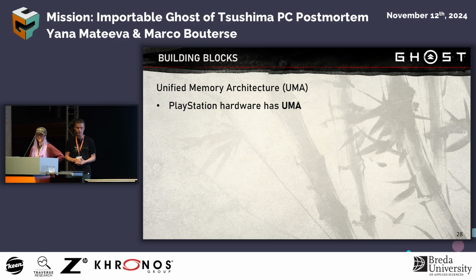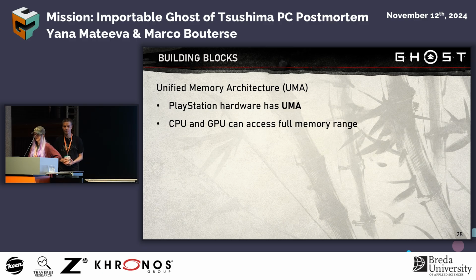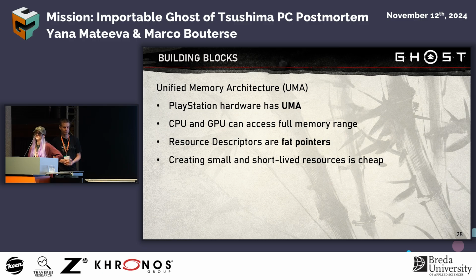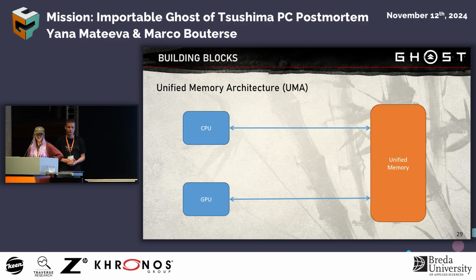This is possible because the PlayStation hardware has a unified memory architecture, which means both the CPU and the GPU can access the full memory range. The resource descriptors on PlayStation are essentially just fat pointers, so creating a lot of small and short-lived resources is very, very cheap. A very simple illustration of how that looks: we have a giant memory block, and both the CPU and the GPU have full access to it.